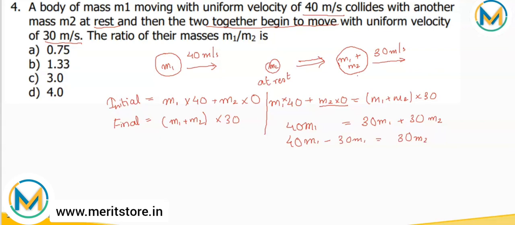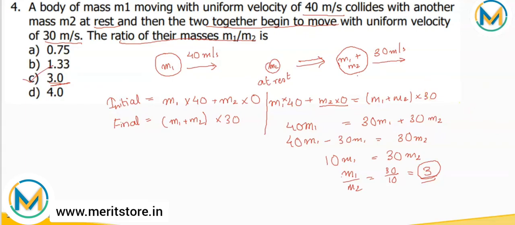When you subtract, we get 10 m1 equal to 30 m2, and to take the ratio, m1 upon m2 is equal to 30 upon 10, which is equal to 3. We are supposed to find the ratio of their masses m1 and m2, and it comes out to be 3. Looking at the options, we have 3 in option C. So the correct answer for this question is option C.